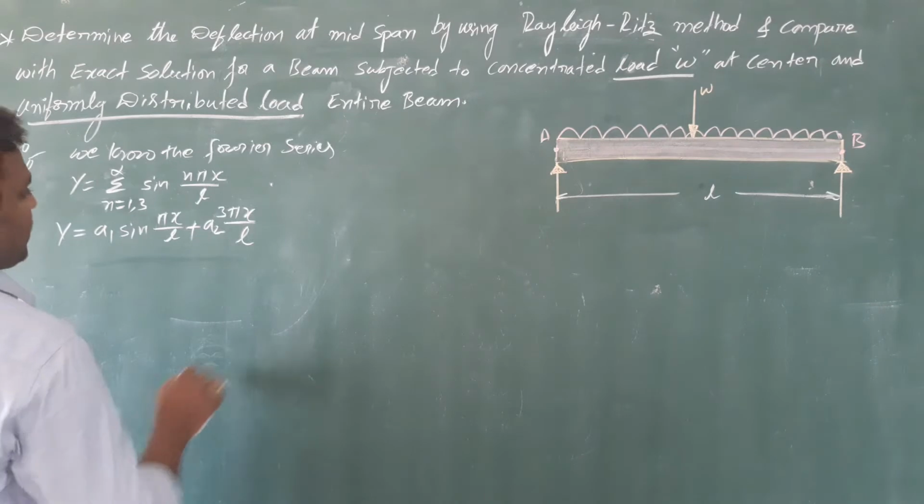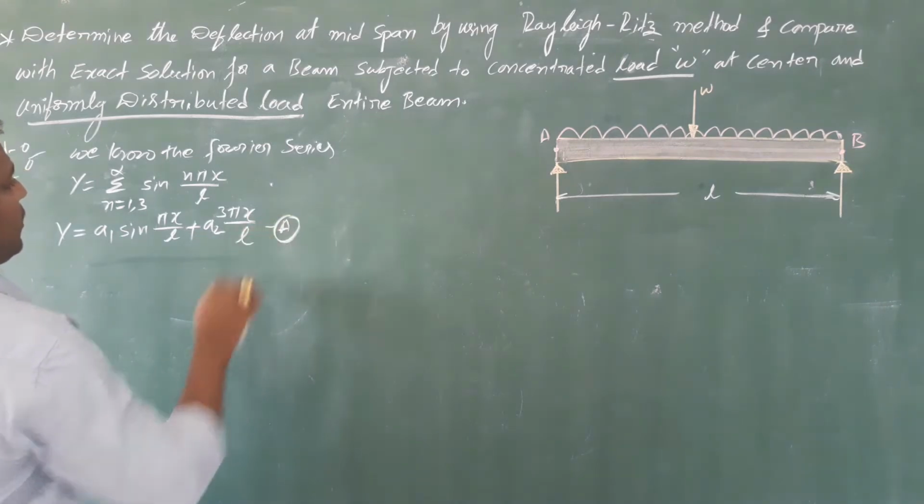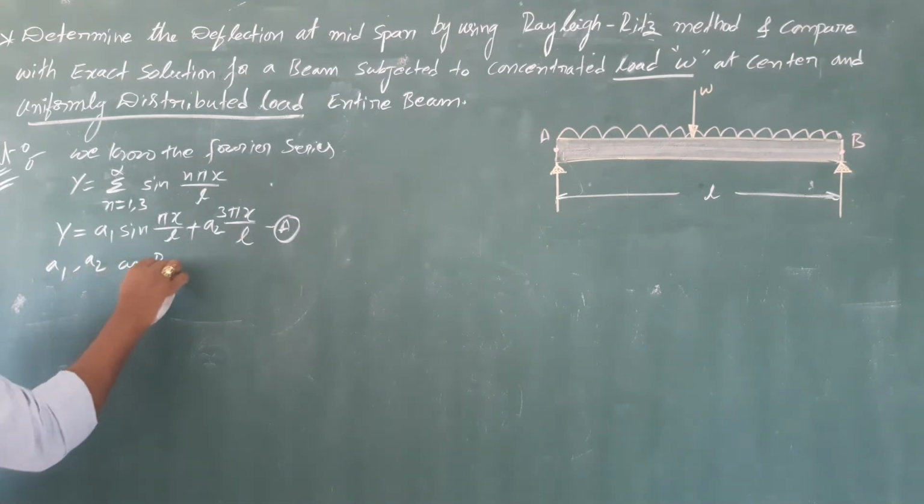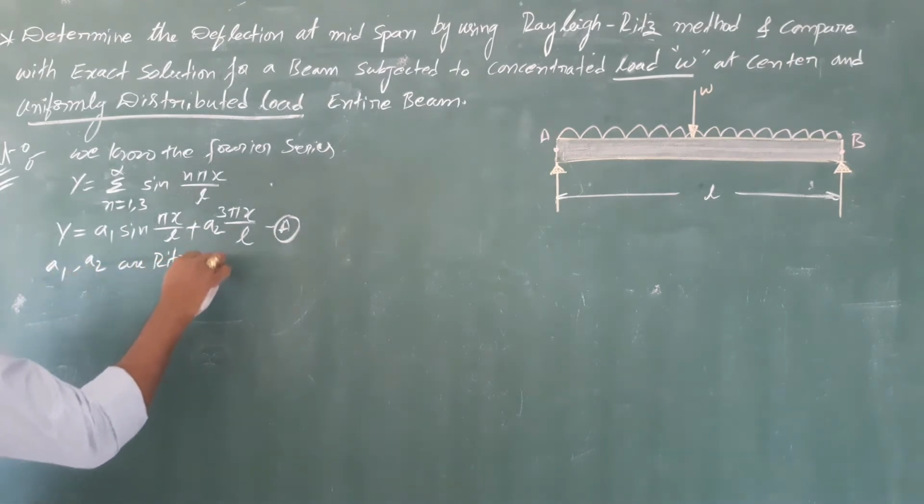This is equation A. Here A1 and A2 are Ritz parameters.